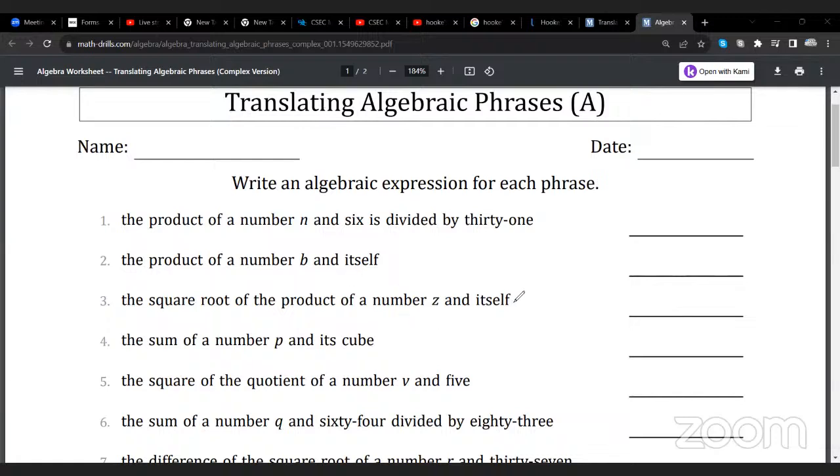So it says Z times Z is equal to Z squared, but what the expression says is the square root of the product of a number Z and itself. So how should you write it? You don't finish it, you just started. So you got the product of the numbers here itself. So what about the other part?